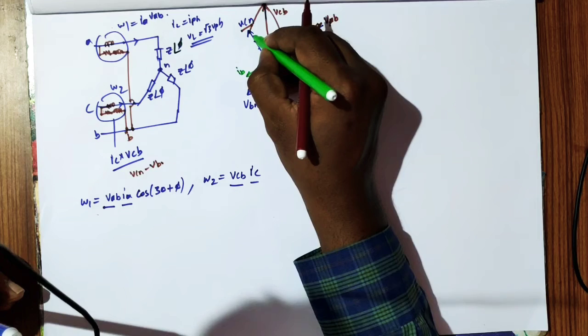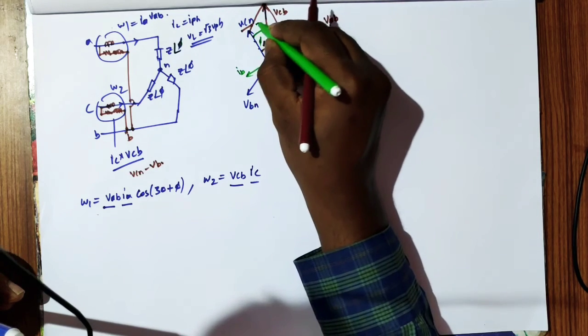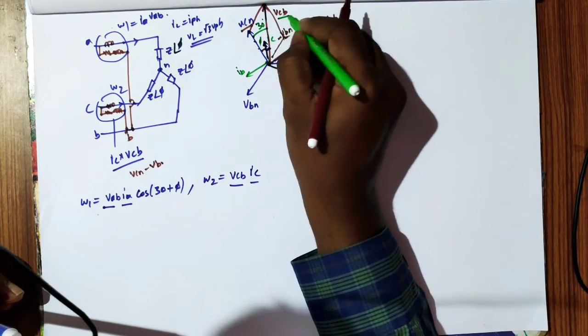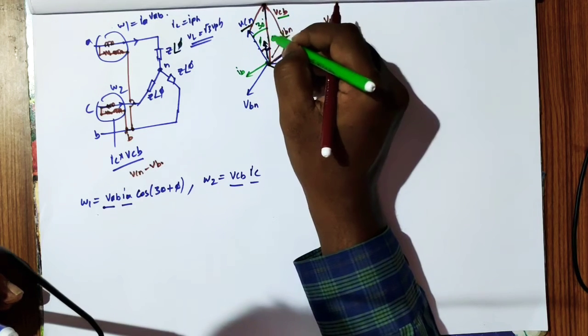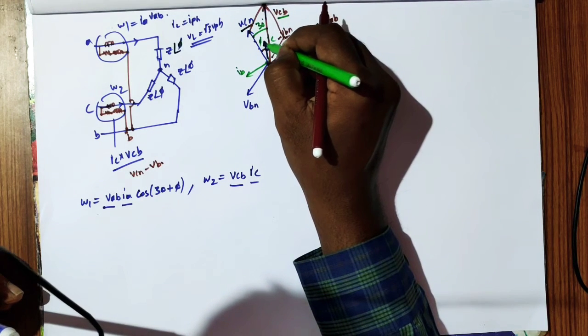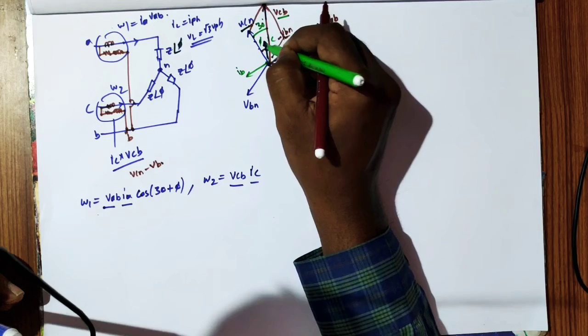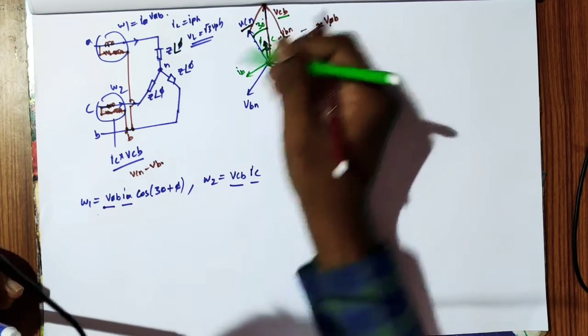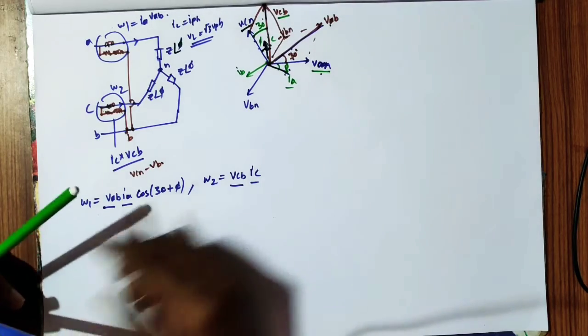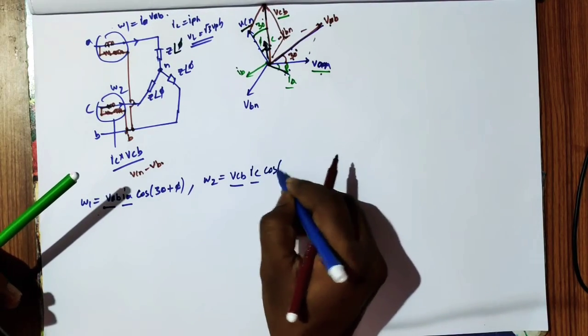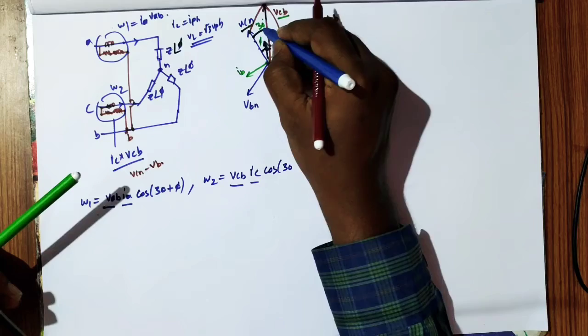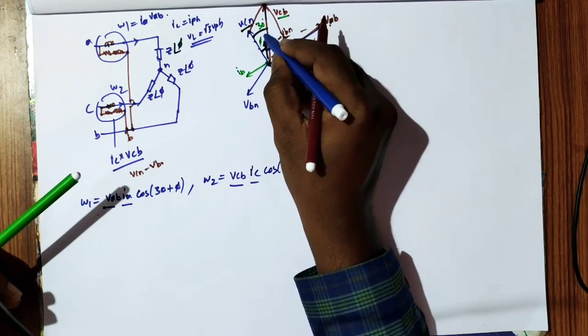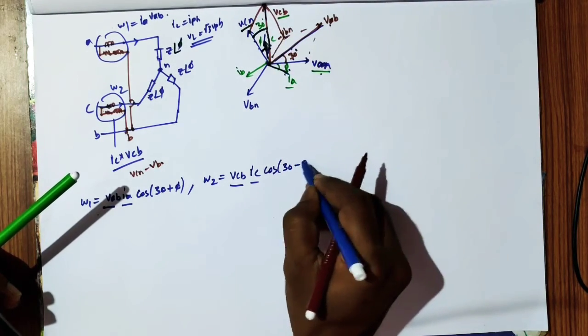Again, the phase difference between VCB and the phase voltage is 30 degrees since it is line voltage and phase voltage. So in between these two, it is 30 degrees minus phi. So W2 will measure the cos of the phase difference 30 minus phi.